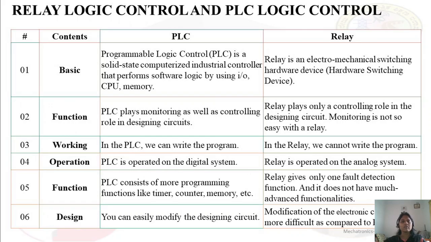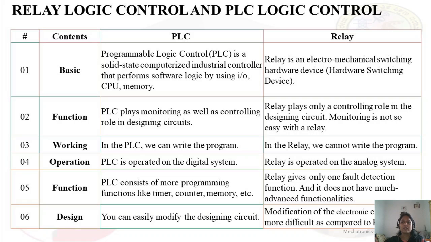So till now we have studied what relay logic control and PLC logic control are. Now we will see the differences between relay logic control and PLC logic control. The first one is basic, that is, the definition of PLC and relay.